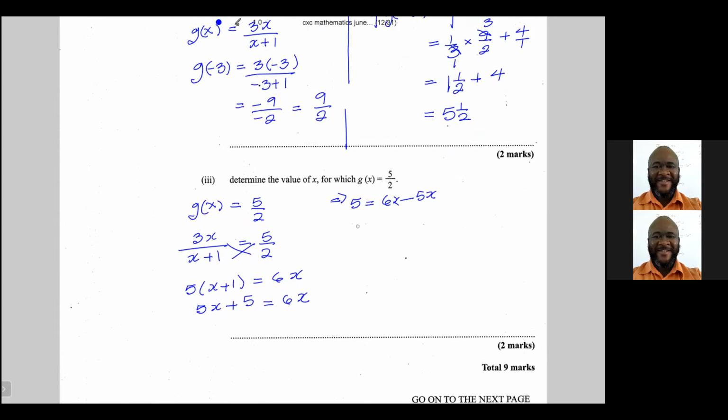So 6x minus 5x is x. And over to the left, we would have 5. So the value of x for which g of x is equal to 5 over 2 is x is equal to 5.